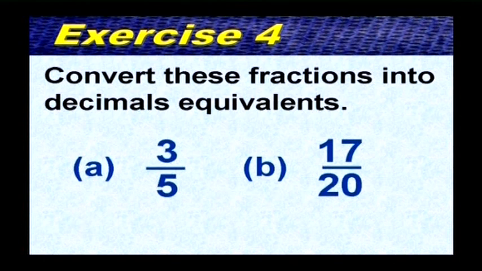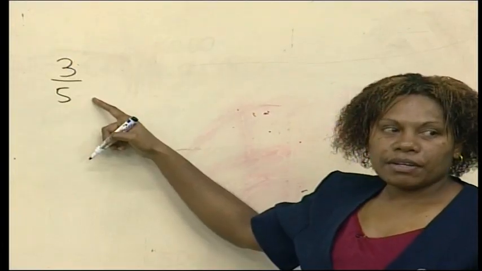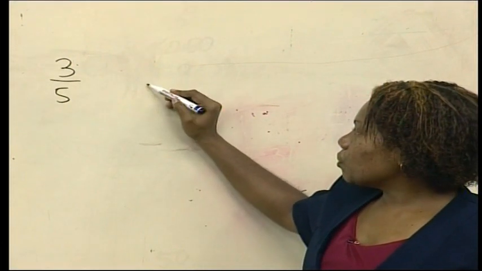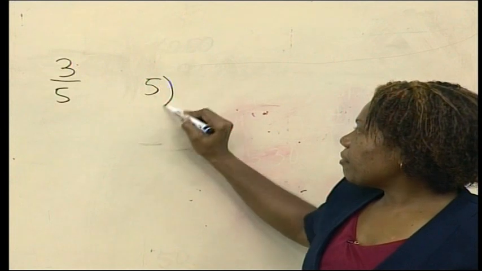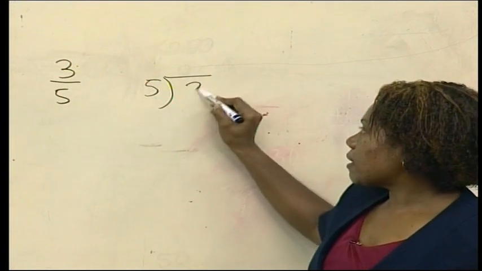Okay. 3/5. Change 3/5 into a decimal number. What are we going to do? Divide. 5 becomes the divisor.